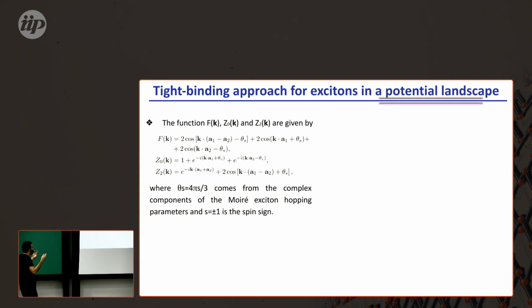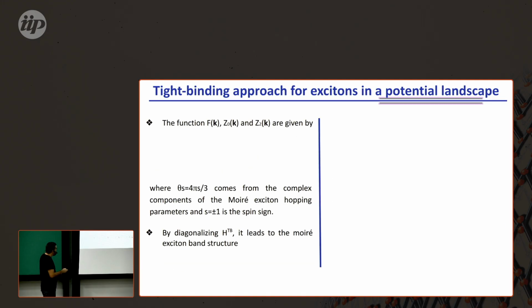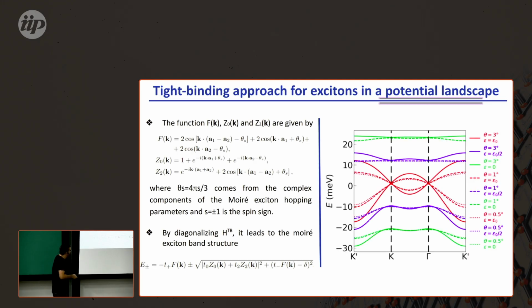So here are those functions that are like structure factors. And by diagonalizing that Hamiltonian, you get those two band models. I mean, those two bands that I'm showing here for different twist angle and bias voltage.